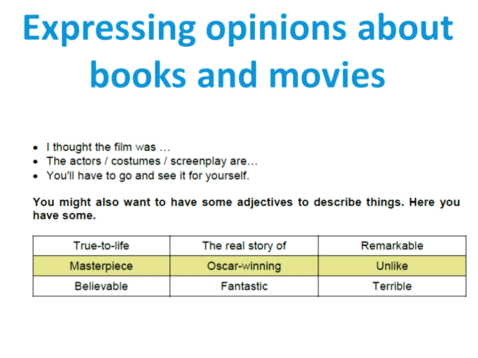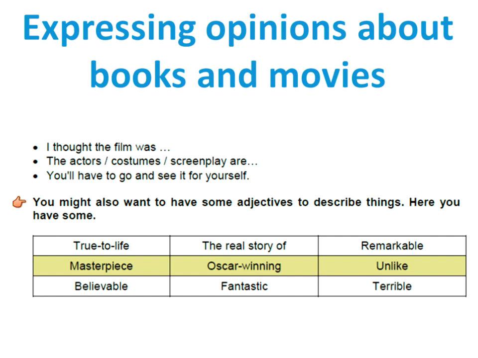Let's continue with the presentation, now with the topic about expressing opinions about books and movies. Let's see some useful phrases that you can say when you're talking about books and movies. The first one: I thought the film was... the actors' costumes, screenplay are... you'll have to go and see it for yourself.